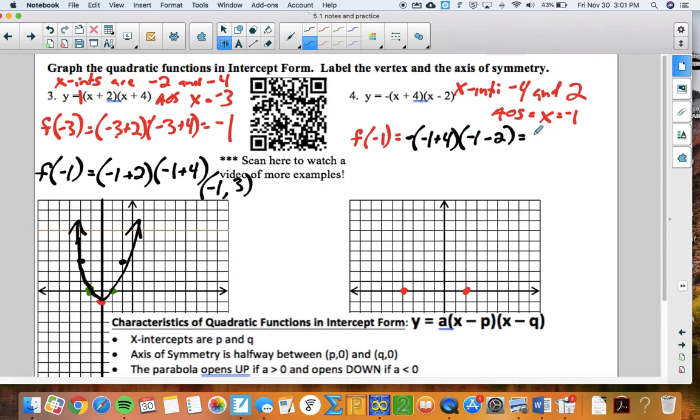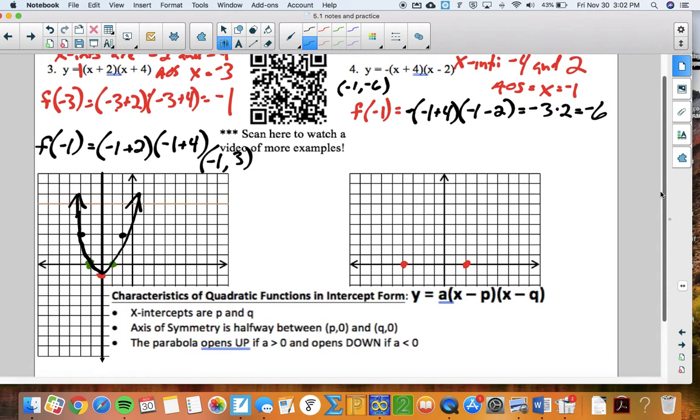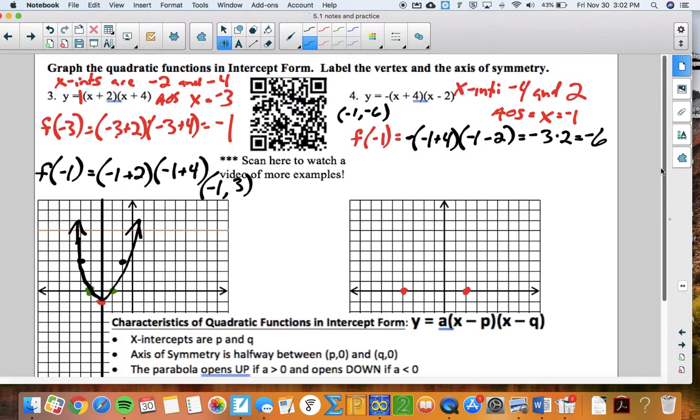So that would give us a -3 times 2, which is -6. So when x is -1, y is -6. Something feels wrong about that.